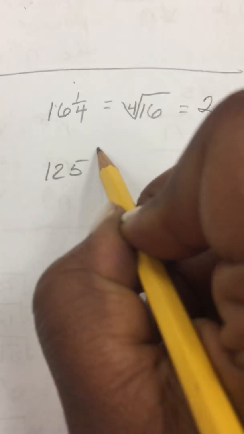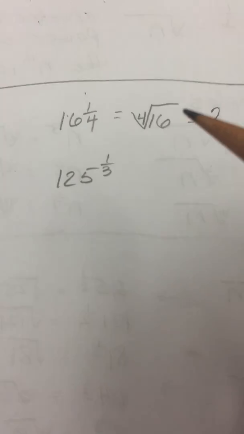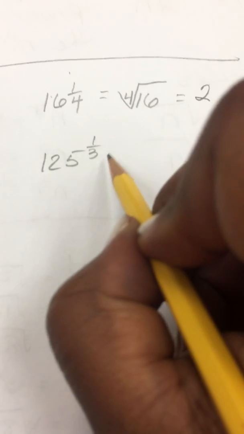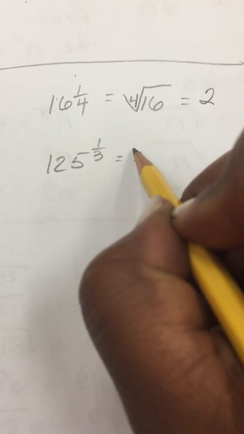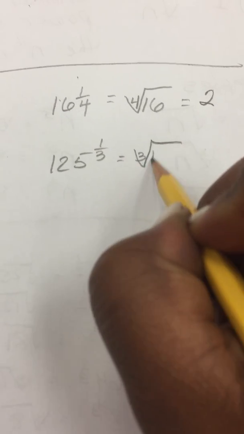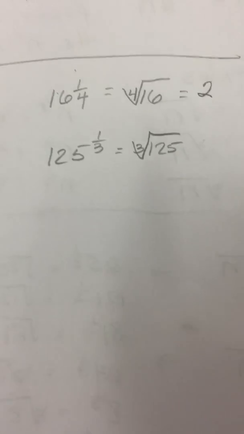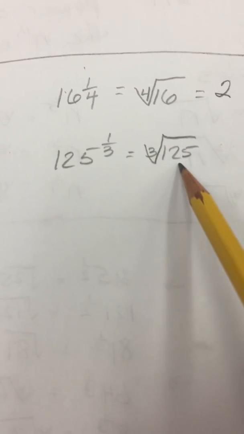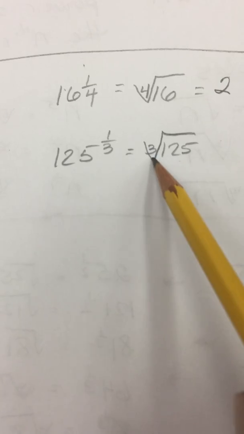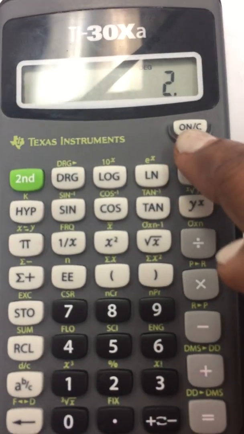Let's try another one. So we got 125 to the 1/3 power. That's going to equal the cube root of 125. All right. So that means we need a number multiplied 3 times to give us 125. Trusty calculator.